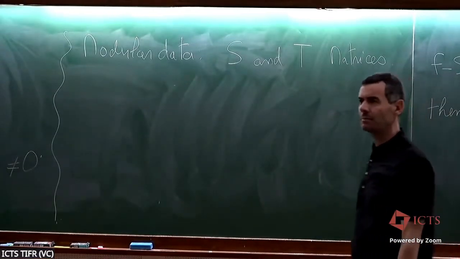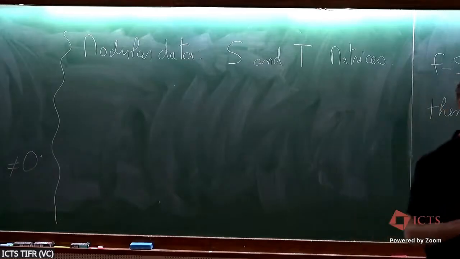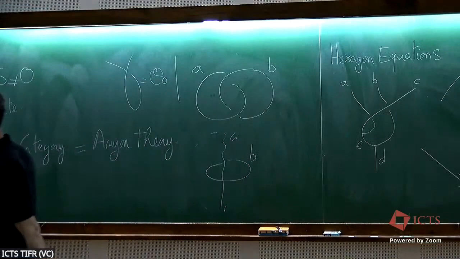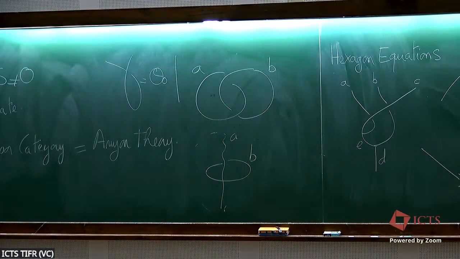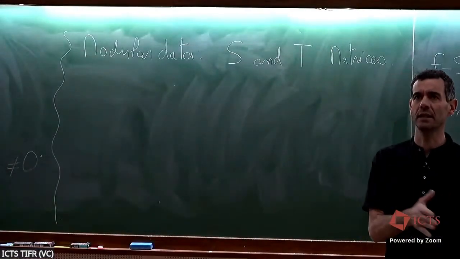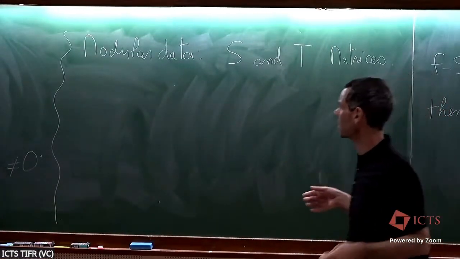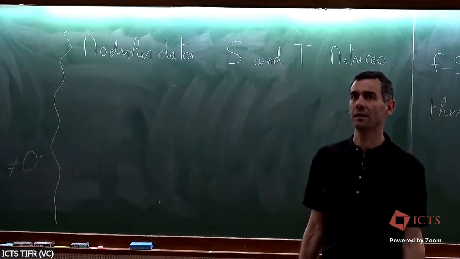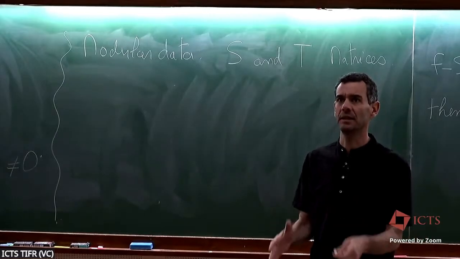Okay, and for a long time, people thought that if I give you the S matrix, which describes the mutual braiding of my anyons, and the T matrix, which describes the twist of my anyons, it was sufficient to fully determine the UMTC. In other words, if I give you the S and the T, and this extra condition of non-degenerate braiding, I could completely determine the F and the R symbols. So they were fixed by this modular data.